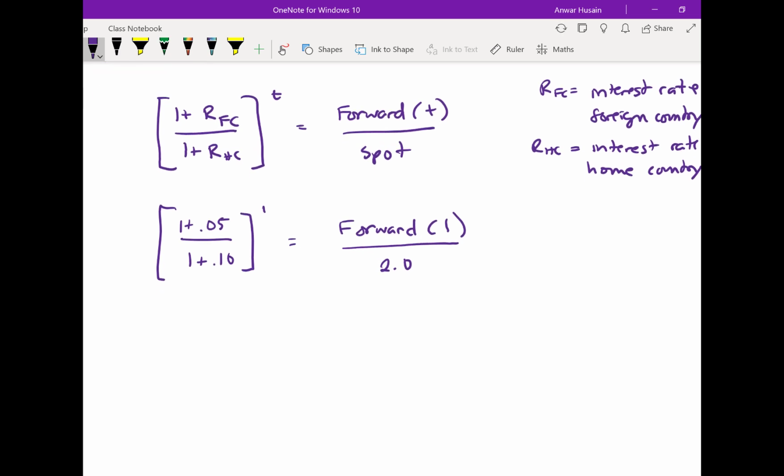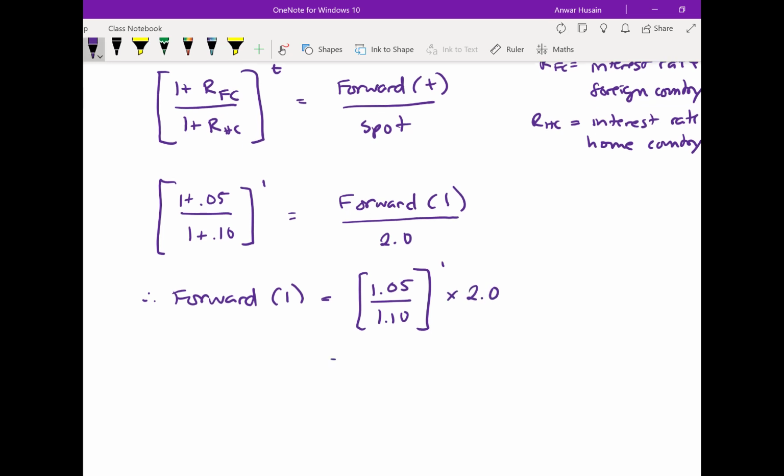Okay, so if I rearrange that, I get that the forward rate 1 year from today is going to be 1.05 over 1.10 to the power of 1 times the spot rate of 2.0. And if I multiply that out, I get 1.909.